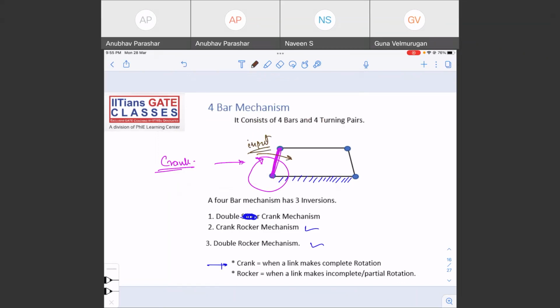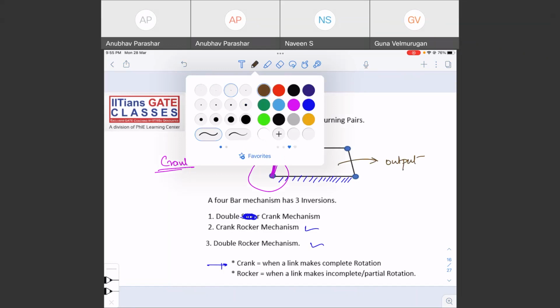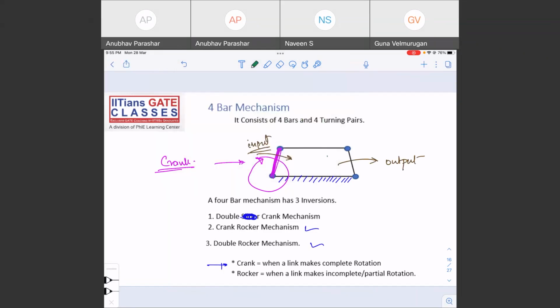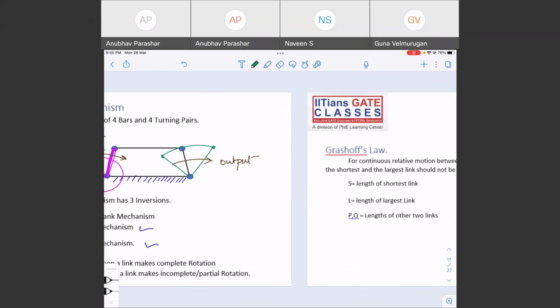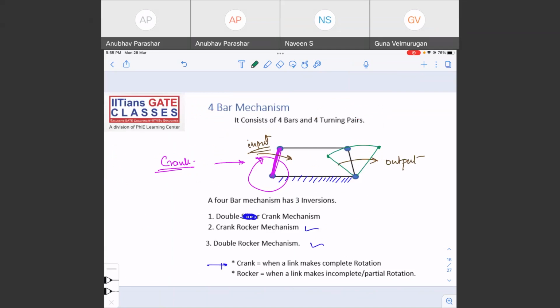And let me say this is the output link. Output link cannot make full rotation, but it can only make partial rotation. Means you can go from this point to this point. This is the range. This output link can go from OA to OB and then return back to OA and then go to OB.